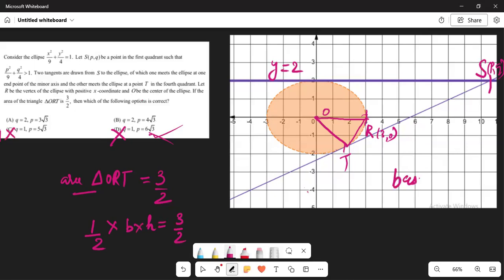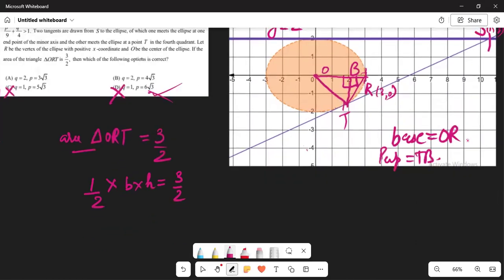Now the base is OR, and you draw a perpendicular from T to OR. This is TB, perpendicular to OR. And what is OR? It is 3, the length of the semi-major axis.